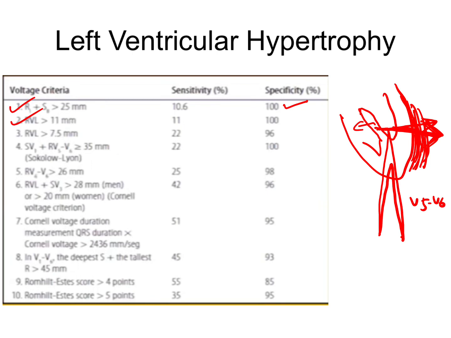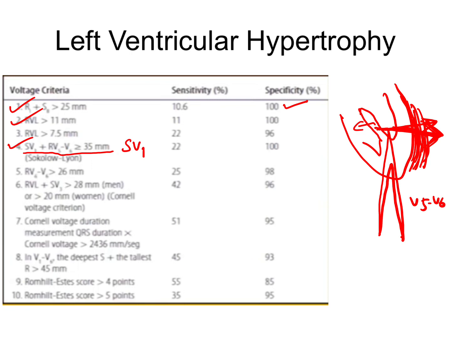The most common criteria which we use is the S wave in V1 plus R wave in V5 or V6. If the sum is more than 30 mm, it is suggestive of left ventricular hypertrophy. It is called the Sokolow-Lyon equation, or we can say Sokolow criteria.